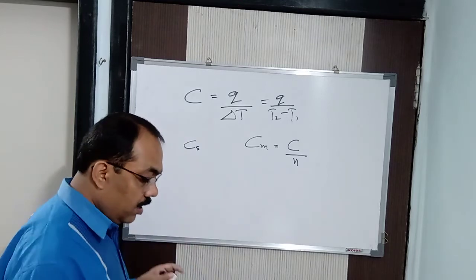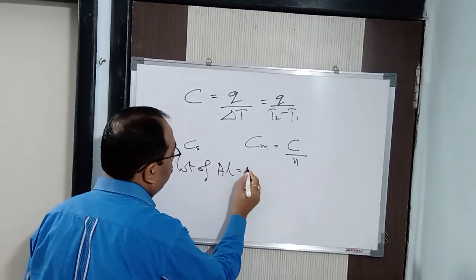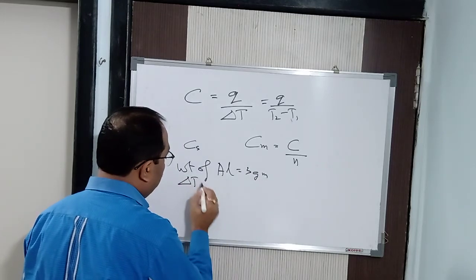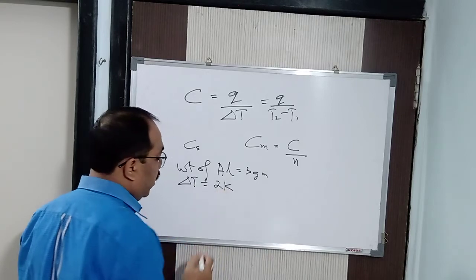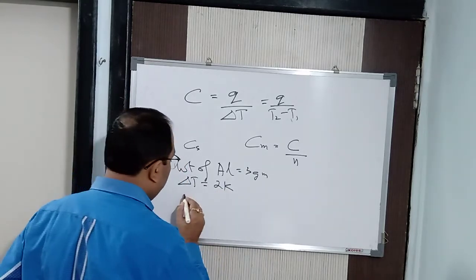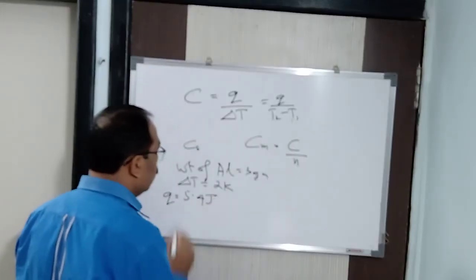So delta T is 2 Kelvin, and the amount of heat required is Q equal to 5.4 joules.